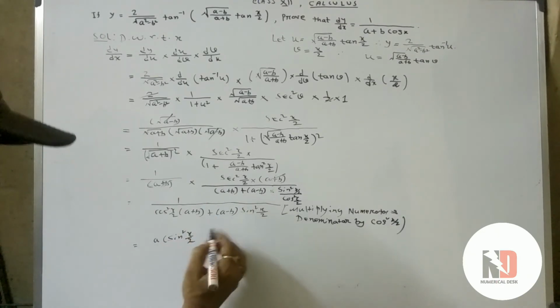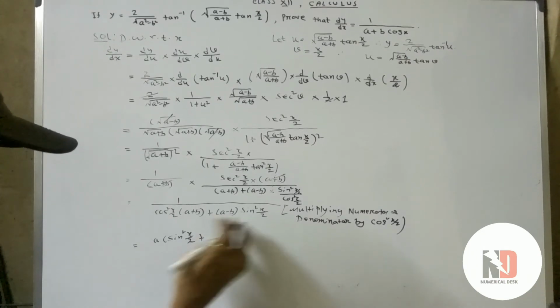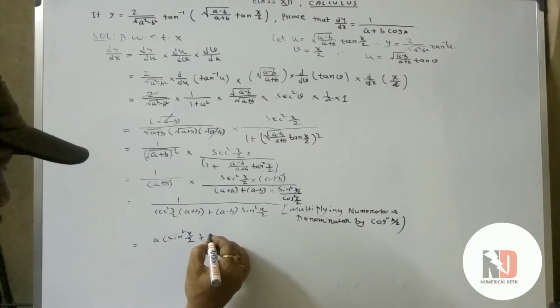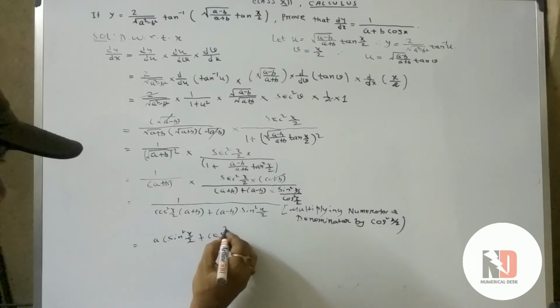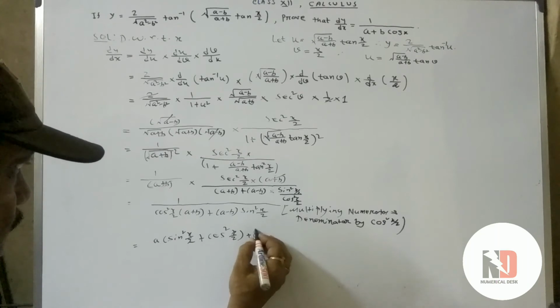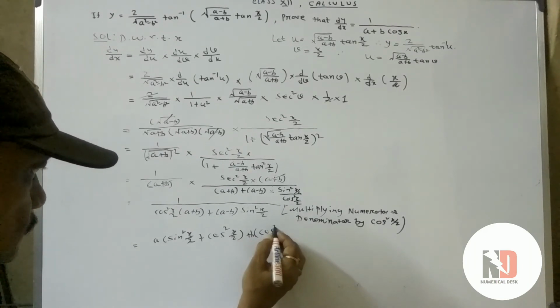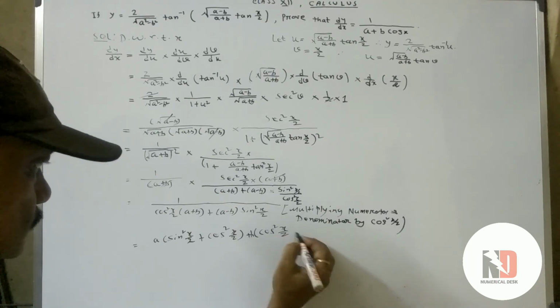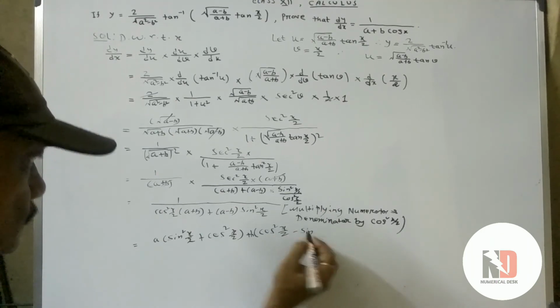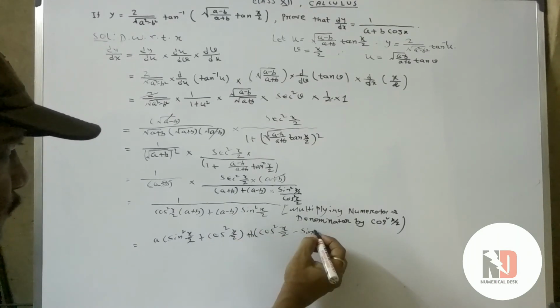So it is arranging, multiplying. See, from the second term a into sin square x by 2, from the first term a into cos square x by 2, taking a common and writing down, and plus b into cos square x by 2 from the first term, and minus sin square x by 2, b is taken common, writing outside x by 2.